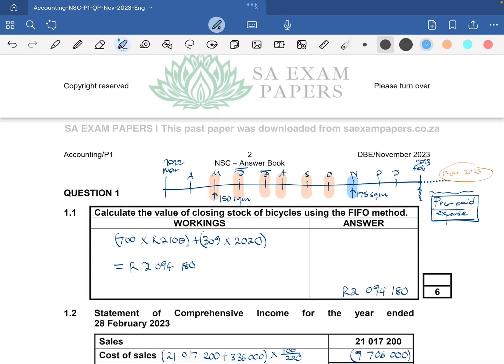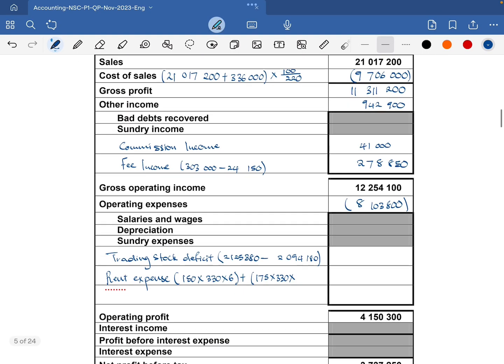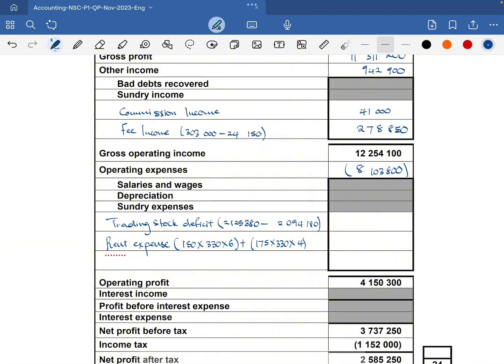Okay, so that's 1, 2, 3, 4. Remember, we don't include the extra 2 months because those are the prepaid months. Okay, so multiplied by 4 there, and then we just quickly calculate, and then that's a rent expense of 528.